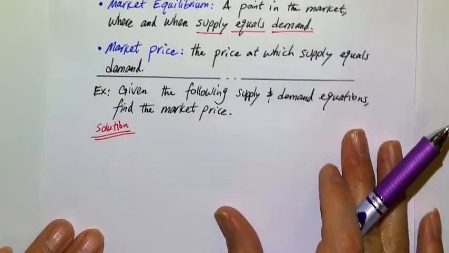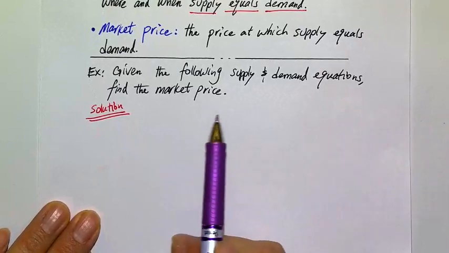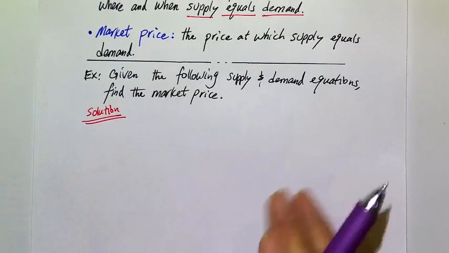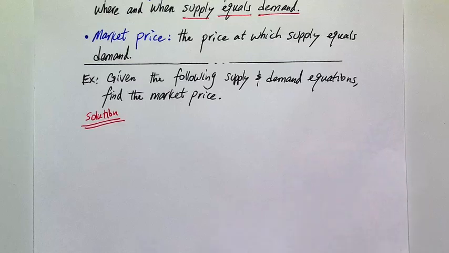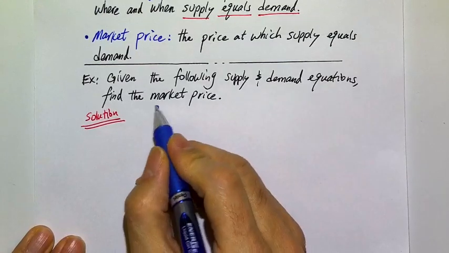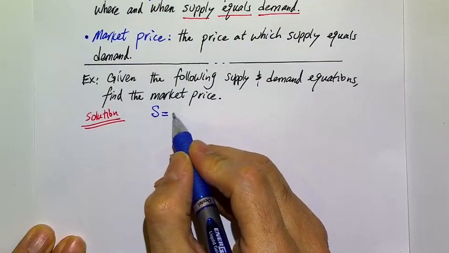Okay, so knowing that, then it says given the following supply and demand equations, I need to find the market price, and let me add the supply and demand equations.